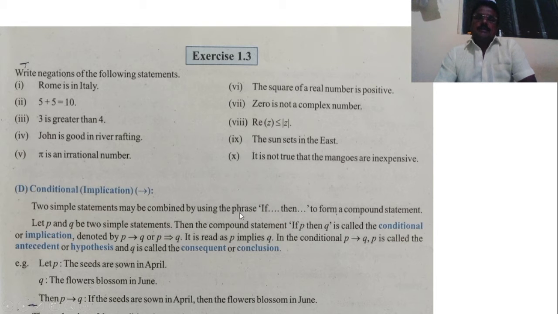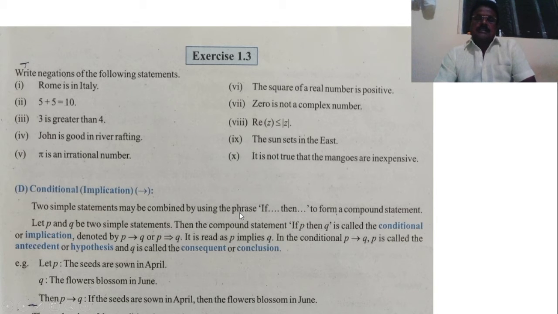Number 8. The real part of the complex number Z is less than or equal to the modulus of Z, and its negation is: the real part of complex number Z is greater than the modulus of Z. Example number 9: the sun sets in the east.